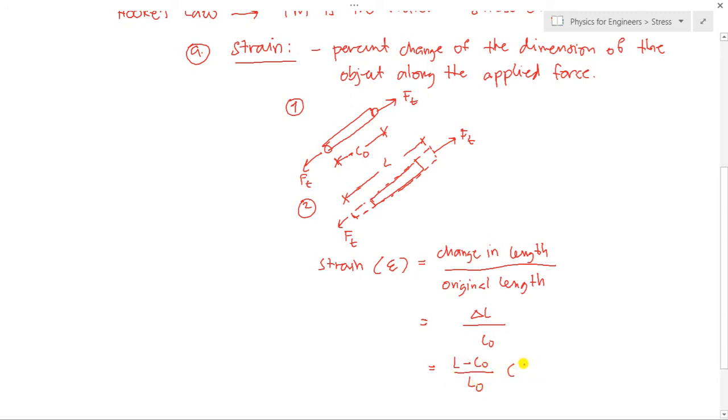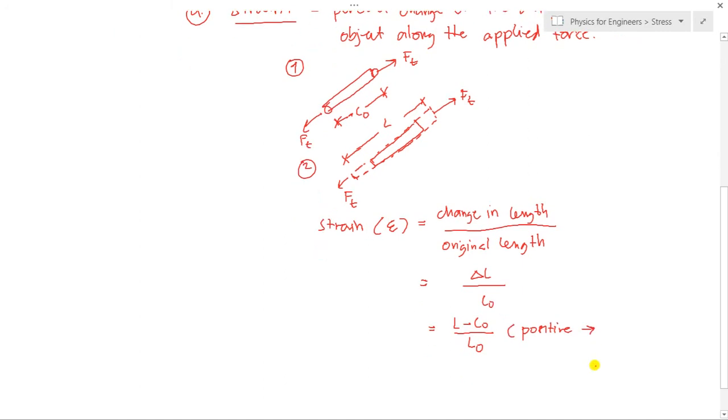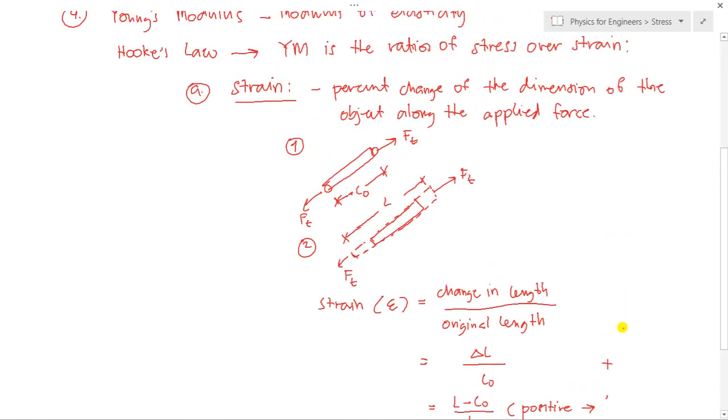Now, if the strain is positive, what is the indication? If we arrive at a positive value for our strain, what does that mean? Is it tension or compression? It is tension, because it became longer.